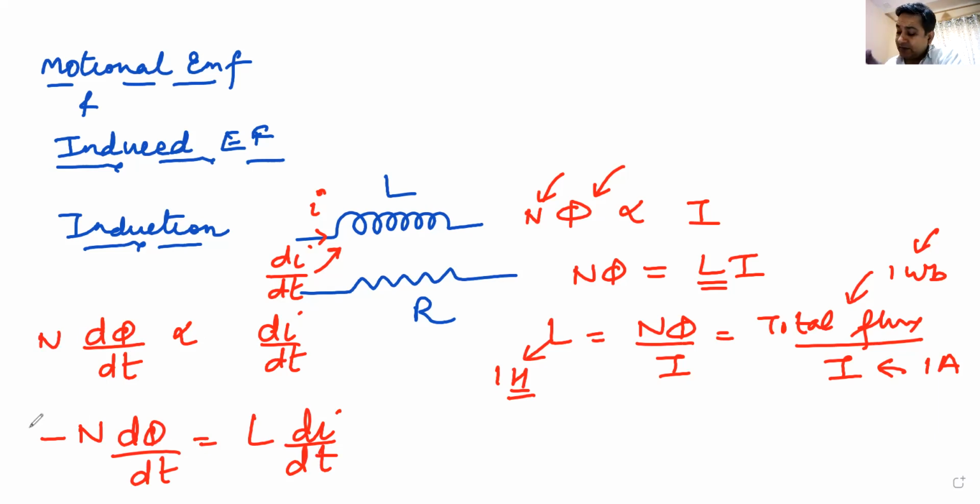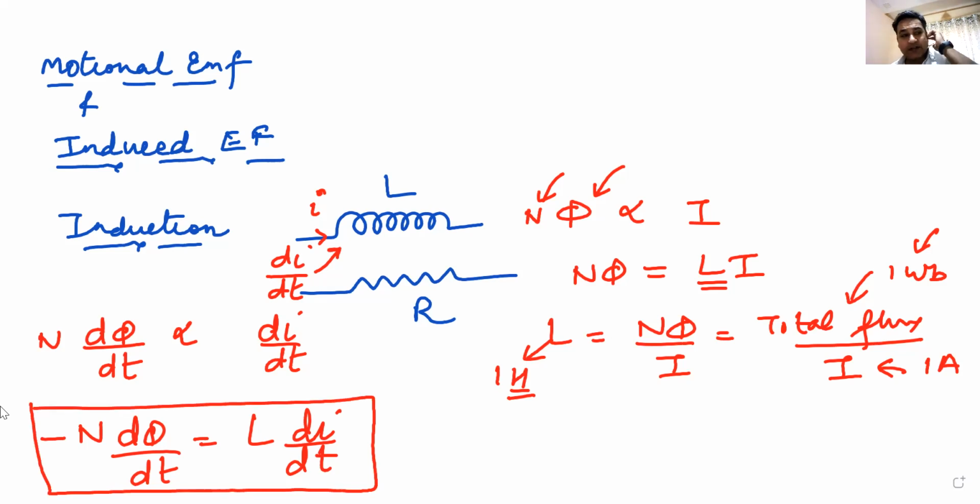This L is again known as the self-inductance of the coil. Now this minus n d phi by dt is nothing but the induced EMF in the coil. So this L di by dt will be equal to the EMF which is induced in the coil.